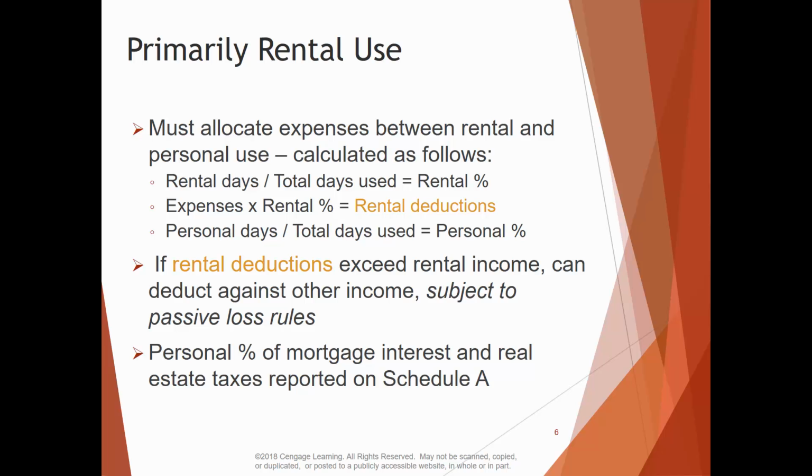So we're going to be doing a lot of allocation, where we've got a percentage to the A and a percentage to the E. And then all your other stuff, like your utilities and your repairs and maintenance, none of that ever goes to your A because those are personal. But you're going to get a percentage of that over on the E against the rental income. We'll talk more about what it's limited by, but always keep in the back of your head that you have these passive activity loss limitations. But you don't know exactly what that is quite yet.